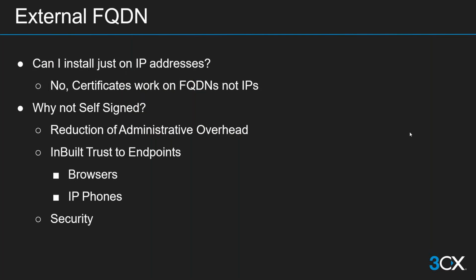So if the IP address changes, for example, if the customer changes the hosting provider, or if he has the system on premise and he changes his internet service provider, his IP address will change. But since the FQDN resolves to the IP address and we connect to the FQDN, the system will always be reachable under the old or the new IP address.